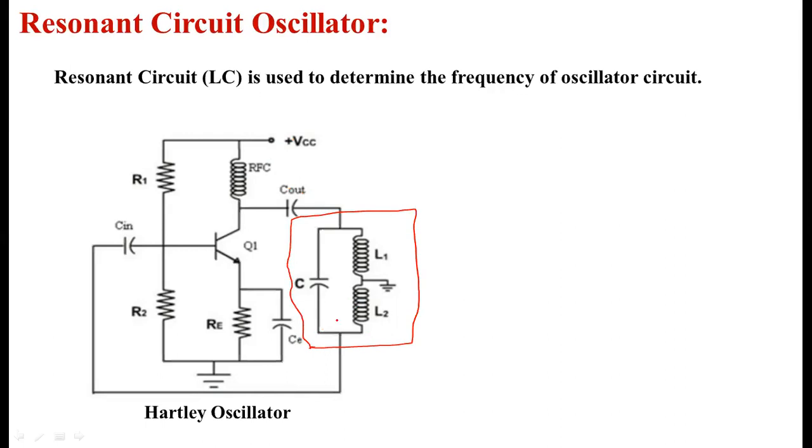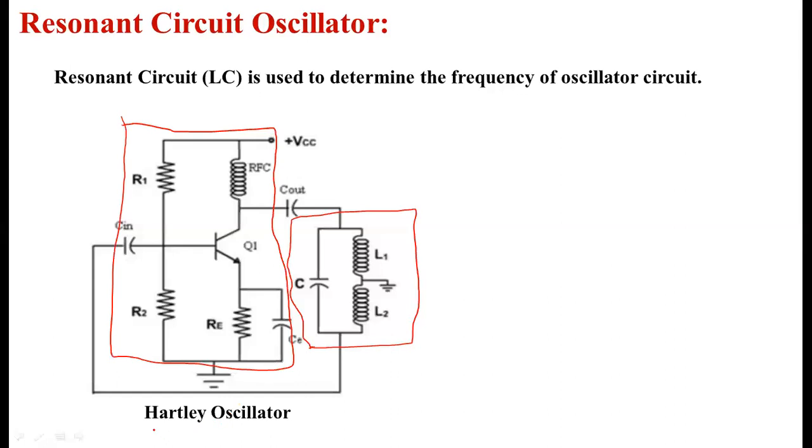The input to this feedback network is taken from the output of the amplifier, and the output of this feedback network is given to the input of the amplifier. This section is the amplifier of the circuit. So we have an LC circuit used as a feedback circuit in this oscillator.